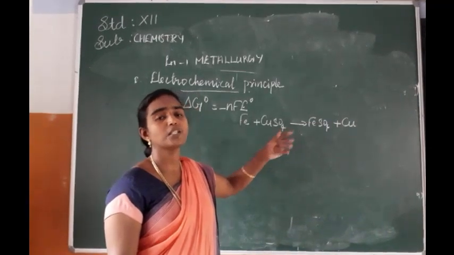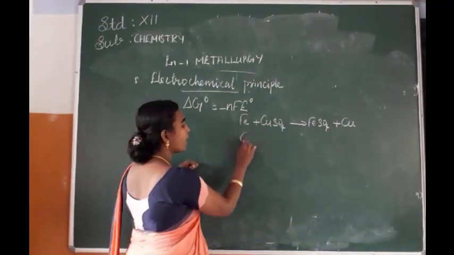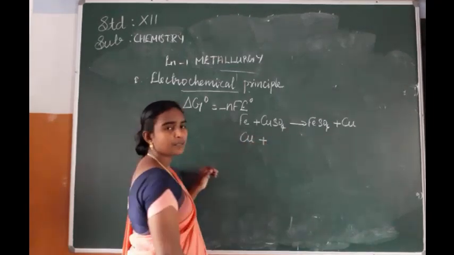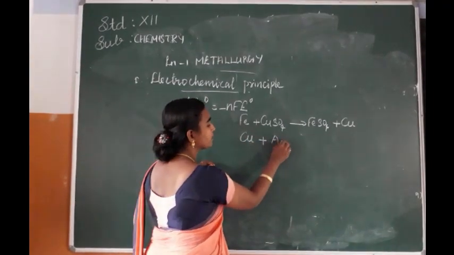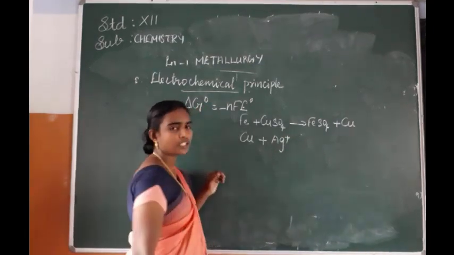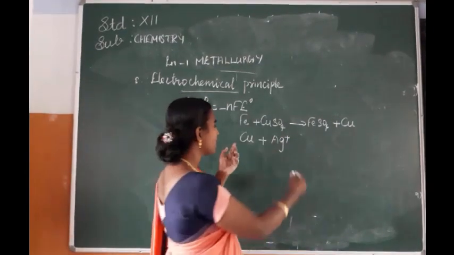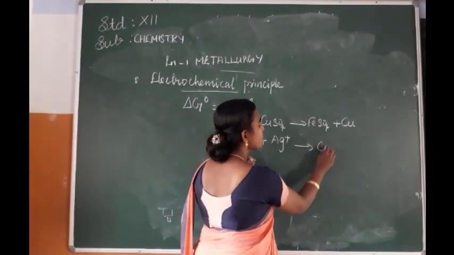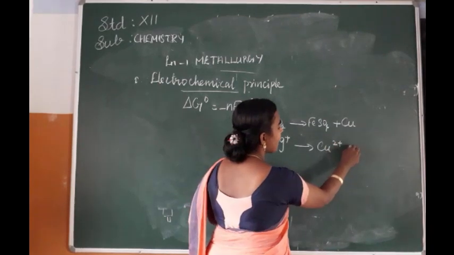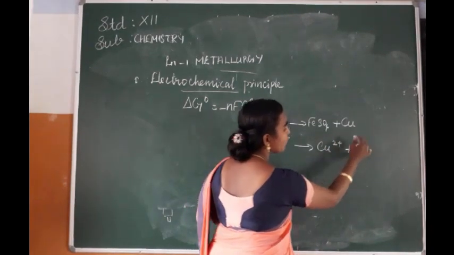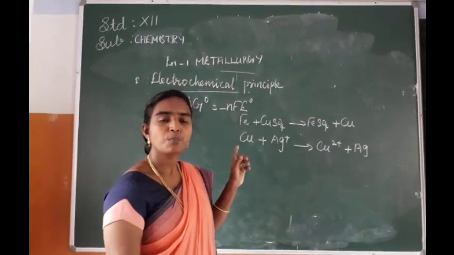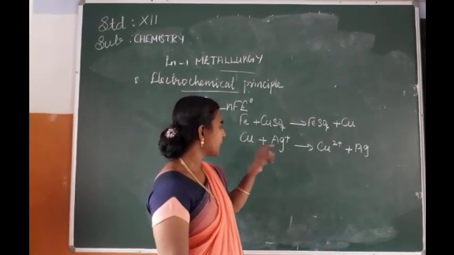So some other examples are also given. When copper is dipped in silver nitrate solution, Ag+ is present. Automatically Cu will change to Cu2+, because copper is more active than silver metal.